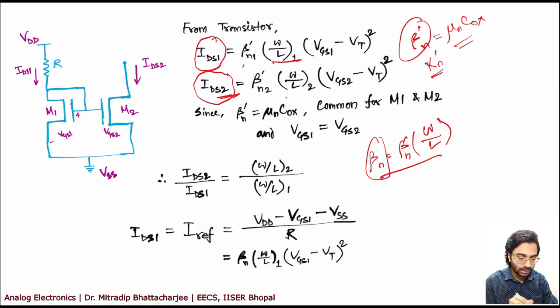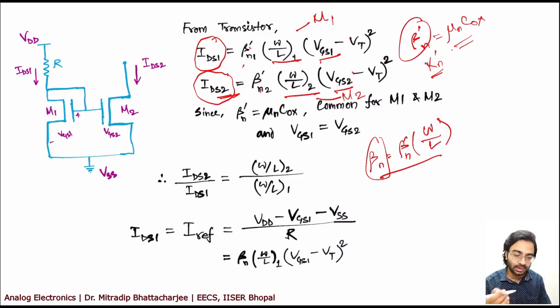So I kept W by L separate in both the cases. This is for M1 and this is for M2, MOSFET 2. However, you know VGS1 is equal to VGS2. So in that case, if you take a ratio of IDS2 by IDS1, these two terms and these two terms will get cancelled because the beta n value will be the same.